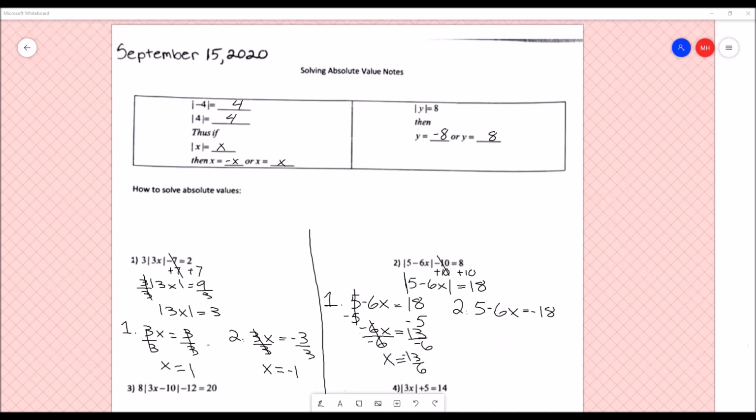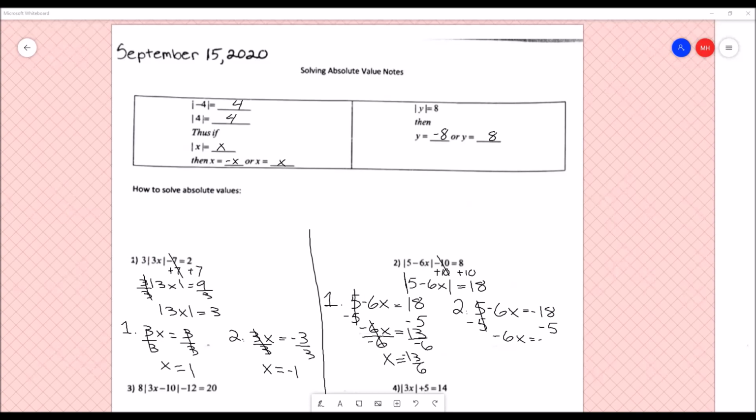Then in equation 2, I'm still going to do the same thing. So I start by subtracting 5 from both sides. My 5's cancel out. Left with negative 6x equals, and this time negative 18 minus 5. My answer will be negative. I have a negative minus a negative.